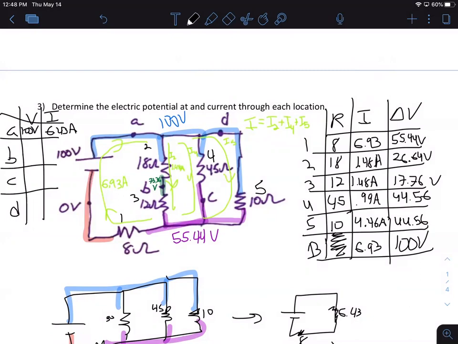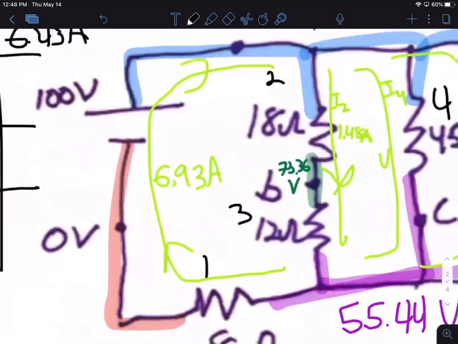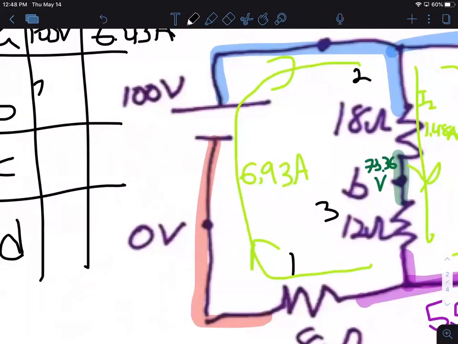B, we just found, 73.4 volts, I'm going to round it, and it has the I2 going through it, which we found was 1.48.